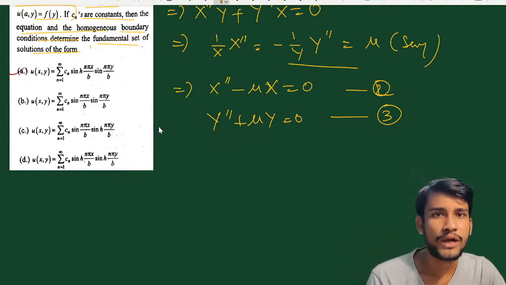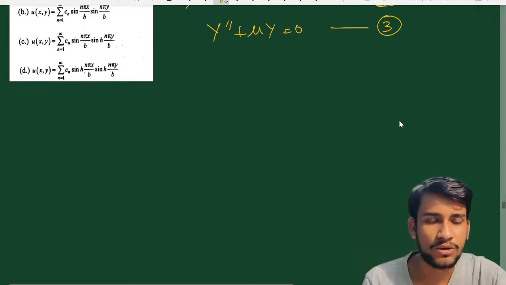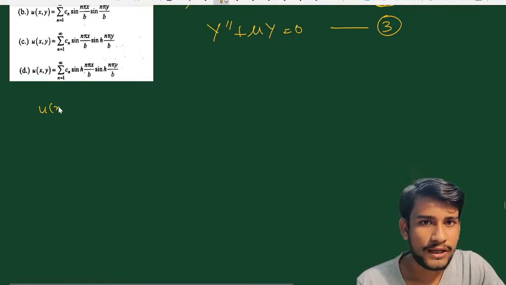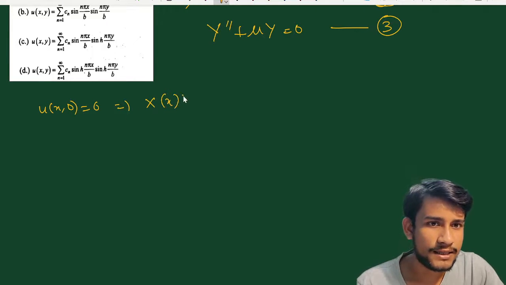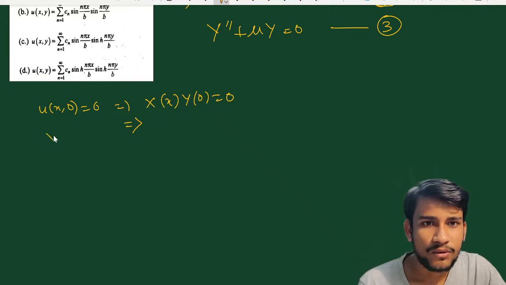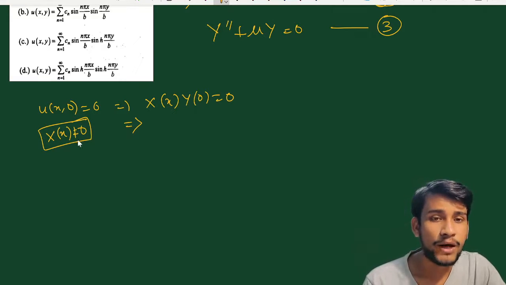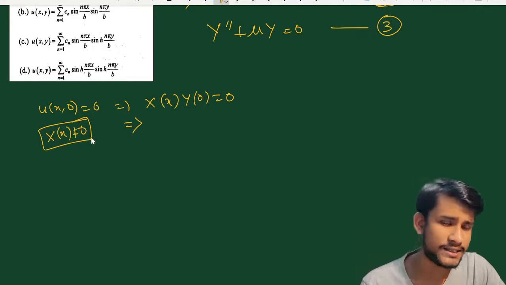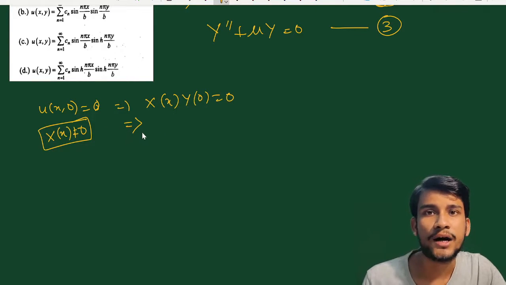Now we find the boundary conditions in x and y. The given boundary conditions are u(x,0) equal to 0, so u(x,0) is equal to X(x) into Y(0), which is equal to 0, and now X(x) is not equal to 0. Since if X equal to 0, then we get u equal to 0, which is a trivial solution, but we are not interested in the trivial solution.